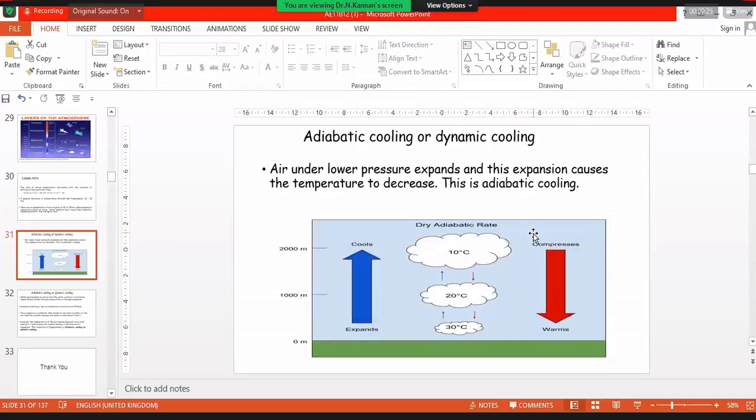When you are coming from this point to that point, air is compressed, so it warms up. This direction is opposite to this. When you expand it, it usually cools. Then, of course, we will go for the condensation process, and there is a possibility for raindrops to form. So this is the basic process behind adiabatic cooling. You got the point? Yes or no?